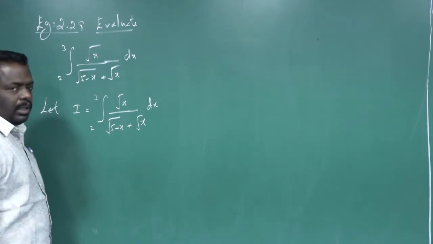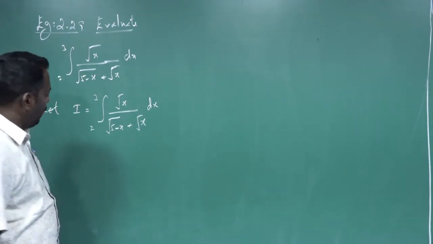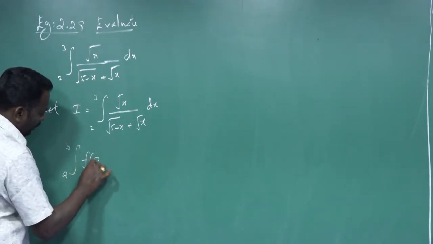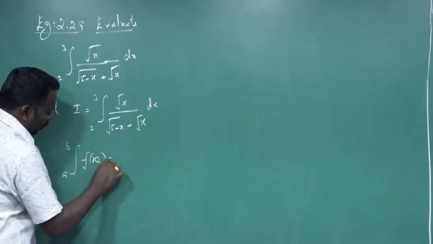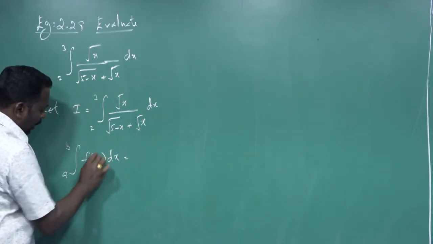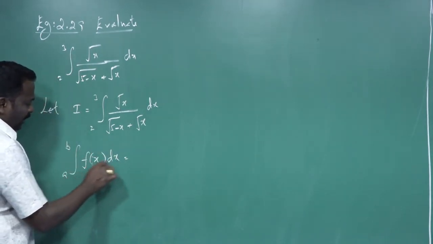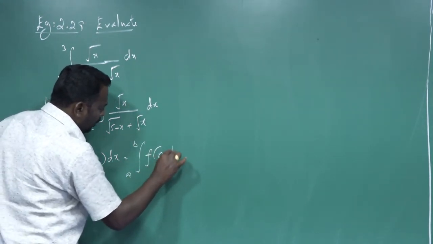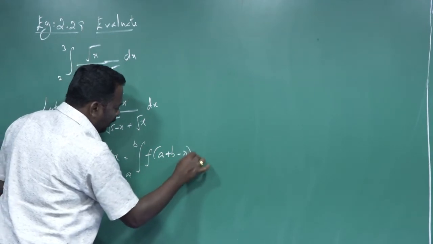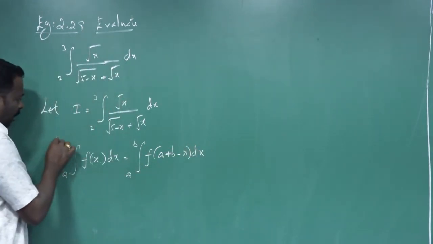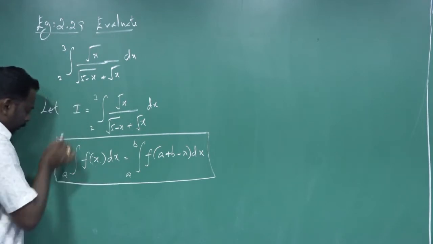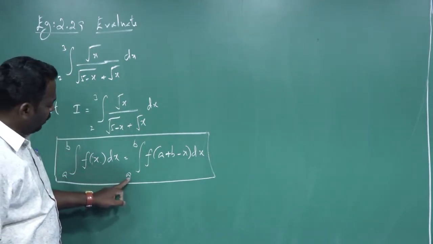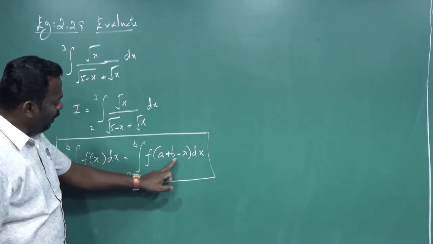Now for this sum we have to apply the integral formula. The integral formula is: the integral from a to b of f of x dx is equal to the integral from a to b of f of a plus b minus x dx.